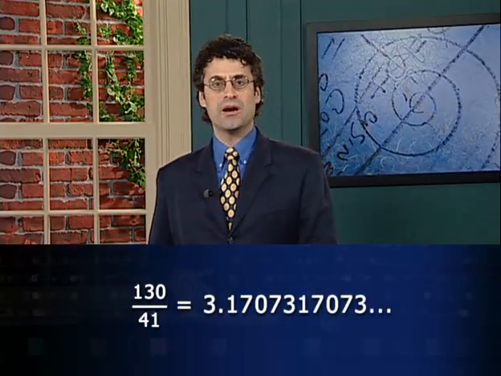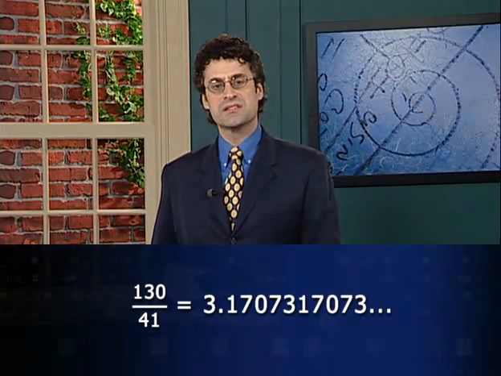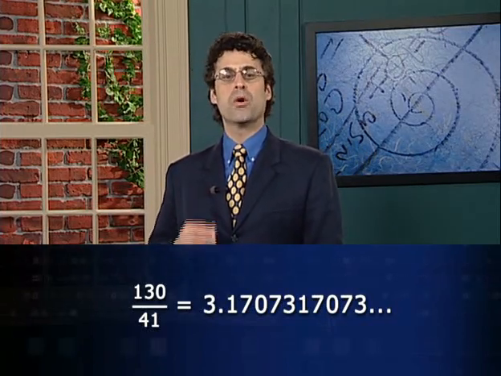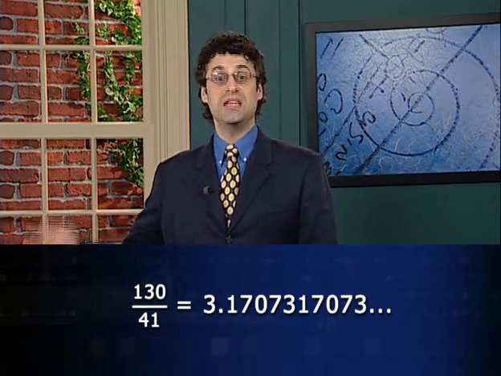So we'll view 130 over 41 now as a decimal. And if we take 130 and divide it by 41, we'd see 3.17073, 17073, and so forth. The 17073 repeats forever. We now remove the integer part and write the fractional part as 1 divided by the reciprocal of the fractional part. That's a little tongue twister, so let's write it out.